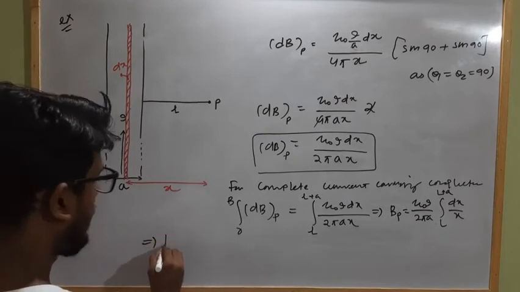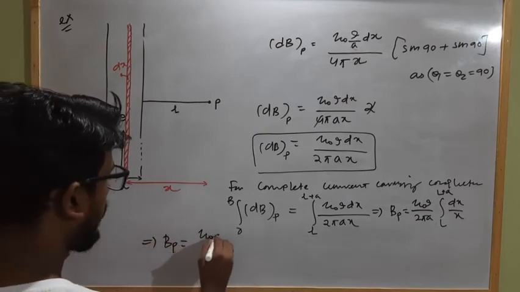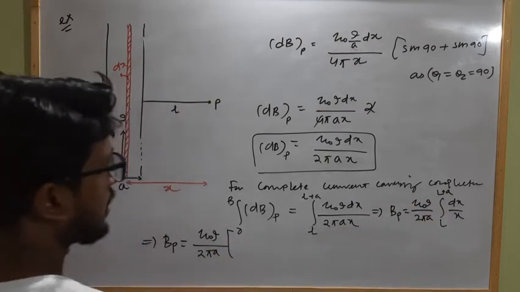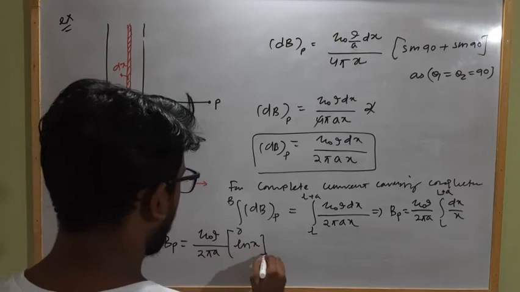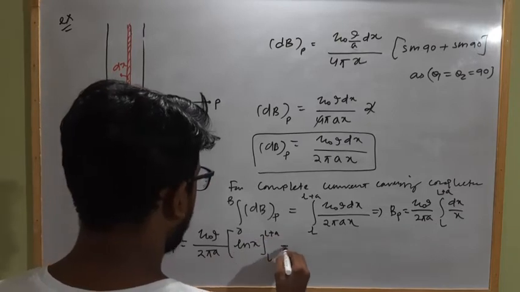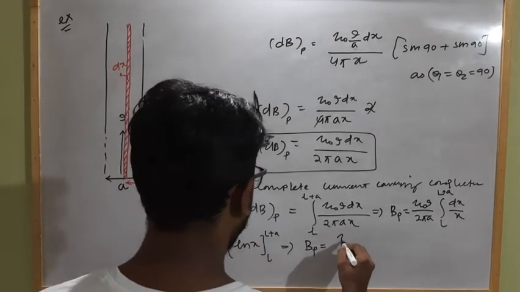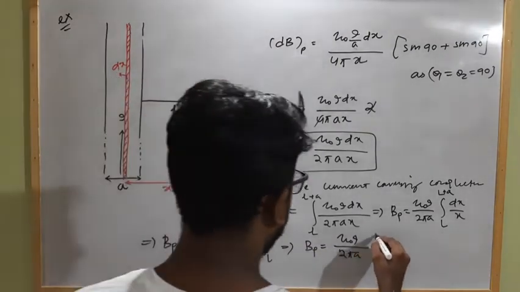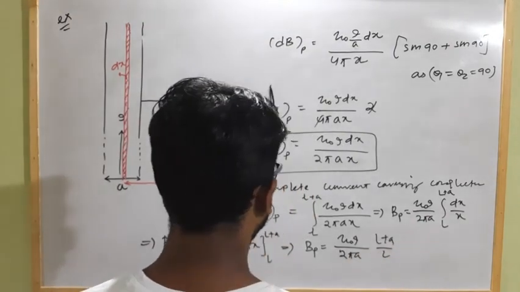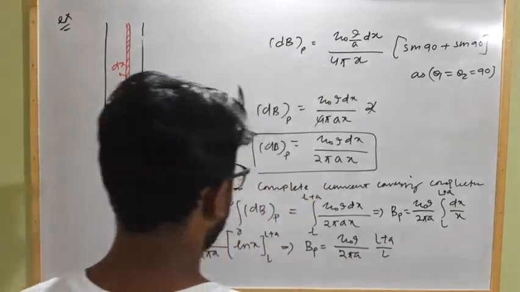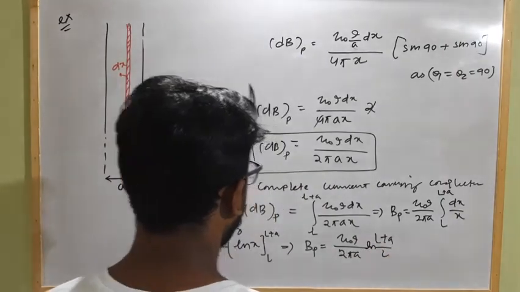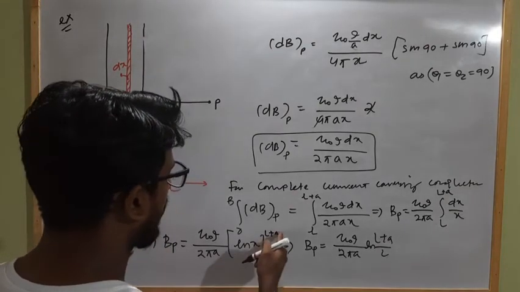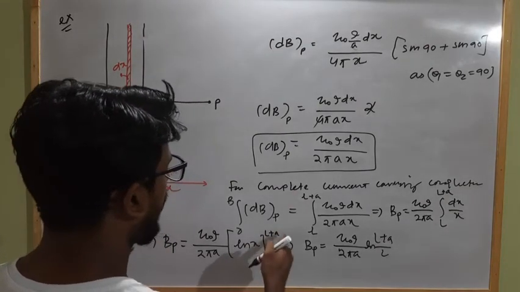B net at P will be mu naught I by 2 pi A into the integral of 1 by x dx, which is ln x from L to L plus A. So B at P will become mu naught I divided by 2 pi A into ln of L plus A by L. Clear? Because ln upper limit minus lower limit, log of L plus A minus log L will be log of L plus A by L.